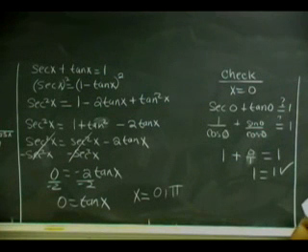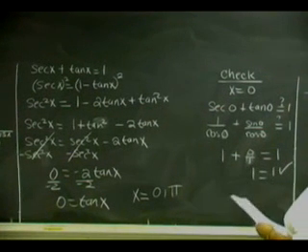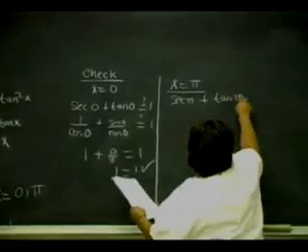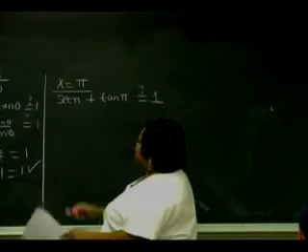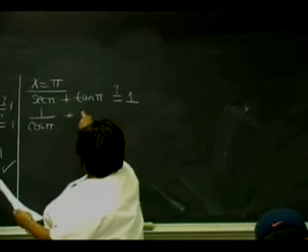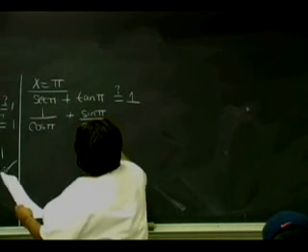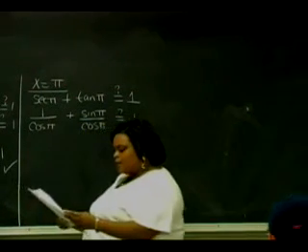Now that was 0. How about pi? I need to look at secant pi plus tangent pi. Is that 1? So this is 1 over cosine pi plus sine pi over cosine pi. What's cosine pi?